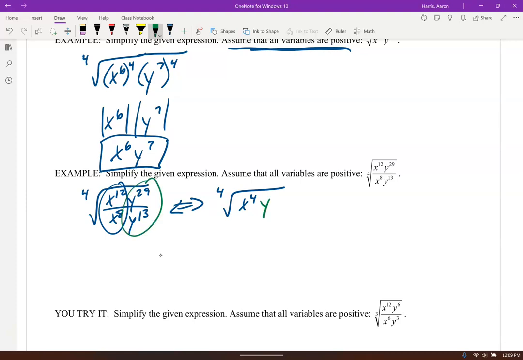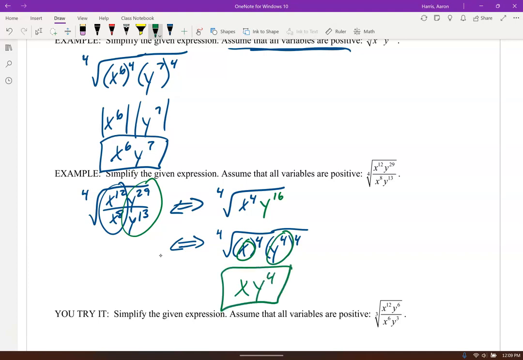I'm left with 29 minus 13, 16. Now I'm looking for 4th root. I already have x to the 4th power, and I'm going to write y to the 4th to the 4th power. So x, y to the 4th.